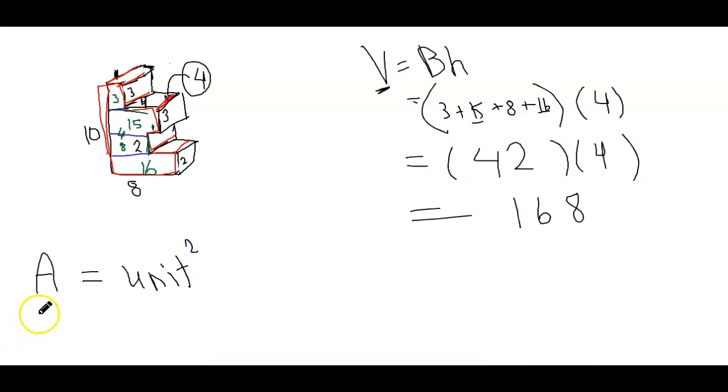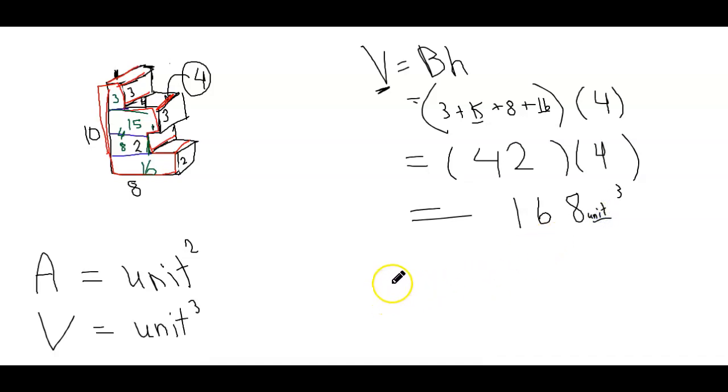When I'm solving for volume, my units will be cubed. If I was using inches, my units here, because it's volume, would be inches cubed. If I was using meters, it would be meters cubed. So whatever unit I'm using, I'm just going to put the word unit in here, it would be unit cubed.